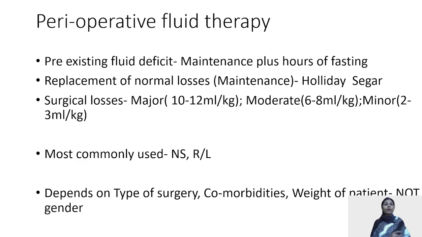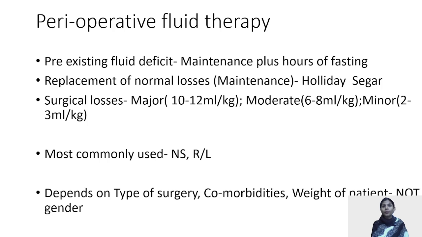When we talk about perioperative fluid therapy, how do you actually calculate it? The first thing is that you have to calculate the fluid deficit. You have to calculate three things: fluid deficit, the maintenance, and the replacement part. When we talk about the fluid deficit, it is the weight of the patient into the number of hours of fasting.